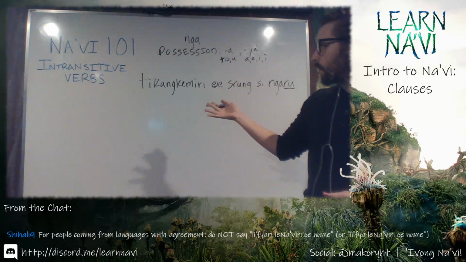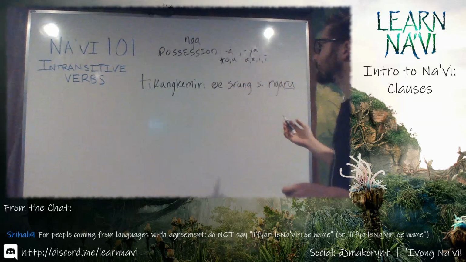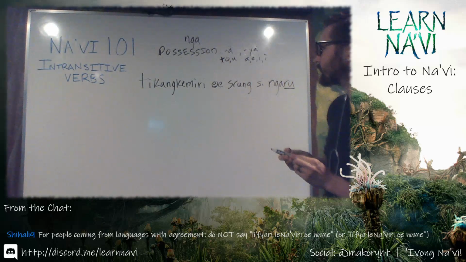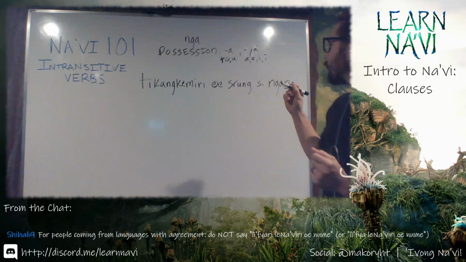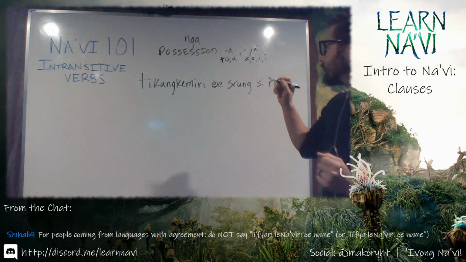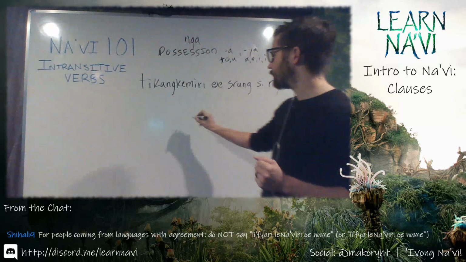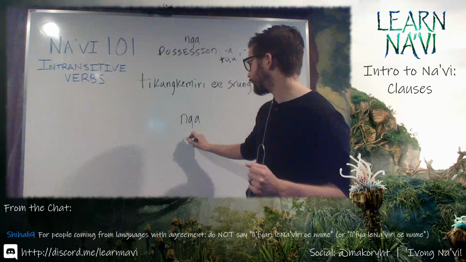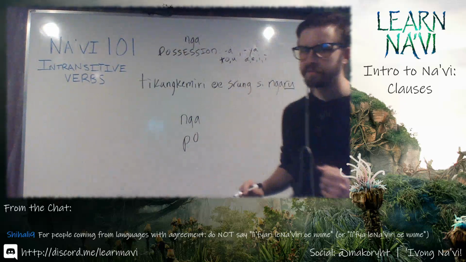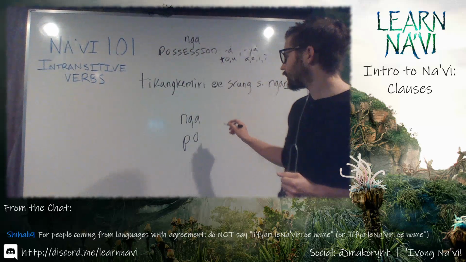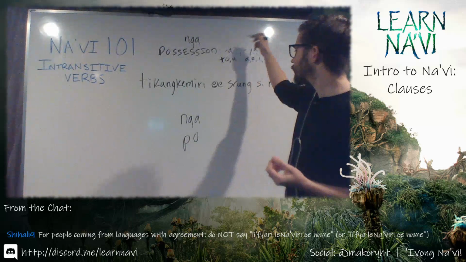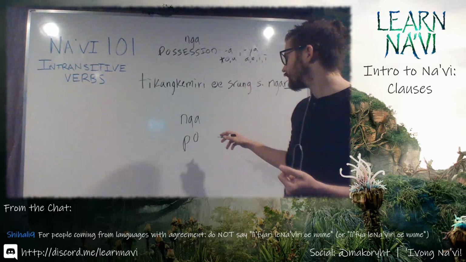So your work. Oh, and this is gonna... Well, yeah. Okay. I've gotta dive into this because this is going to open up a can of worms. On the second and third person pronouns, so that is nga, you for second person pronoun, and po, them for third person pronoun, you're going to have some morphology in the word when you are adding the possessive suffix, the possessive case ending.